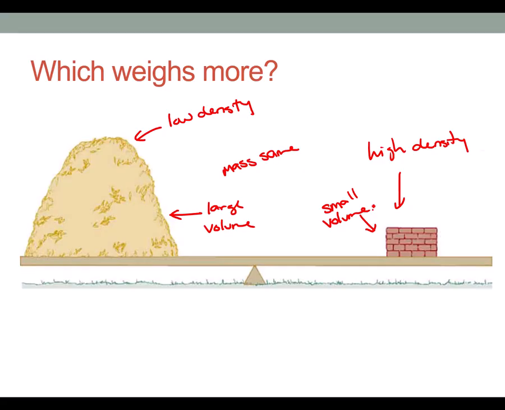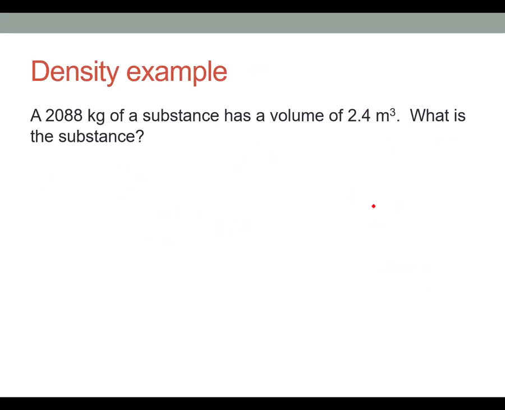Okay. So now let's do an example calculation. We're actually going to use this example calculation to identify a substance. So we're told this substance has a mass of 2,088 kilograms. And we are told the volume it takes, so we can find the density by taking the mass and dividing by the volume.